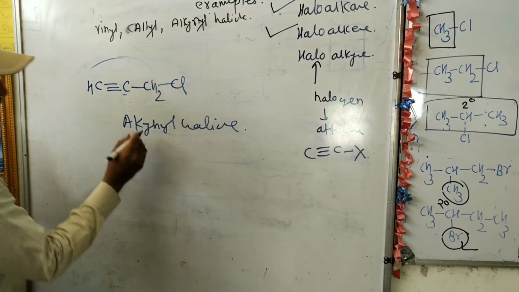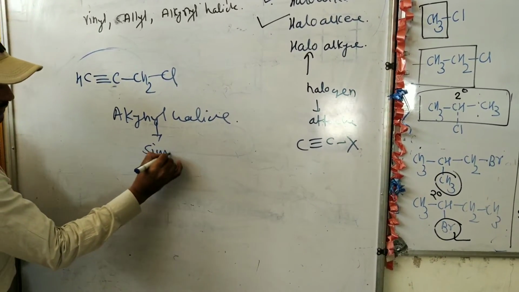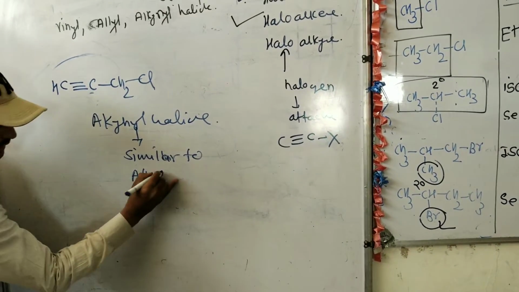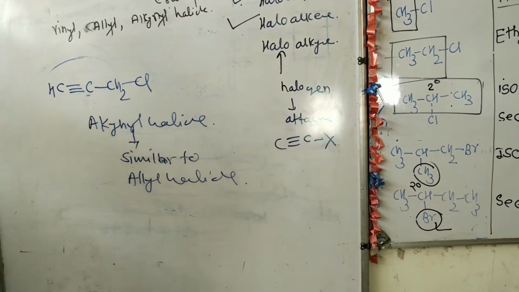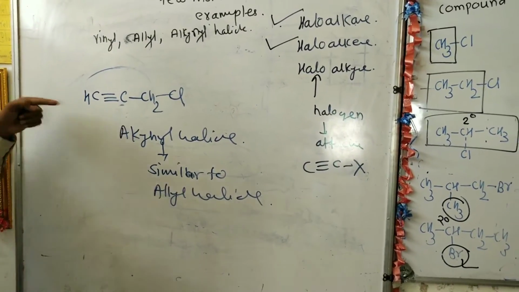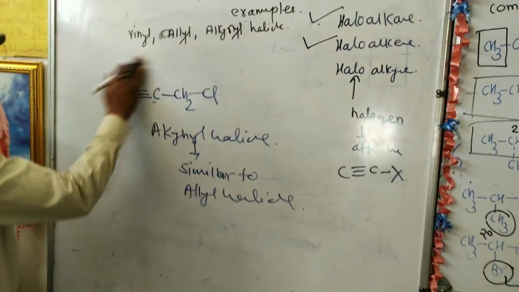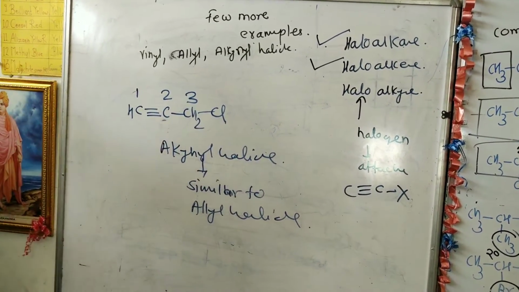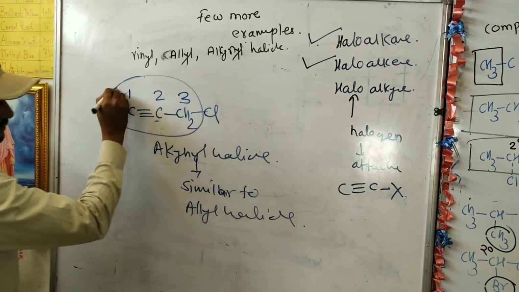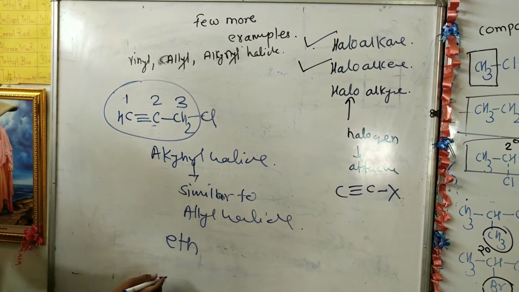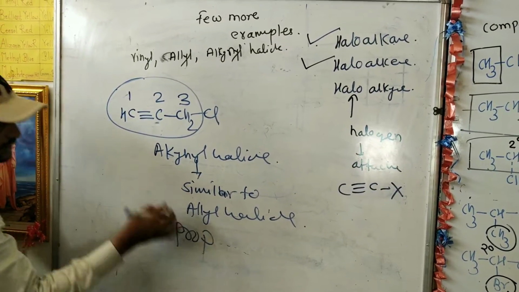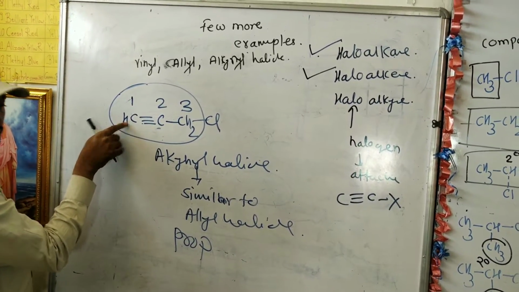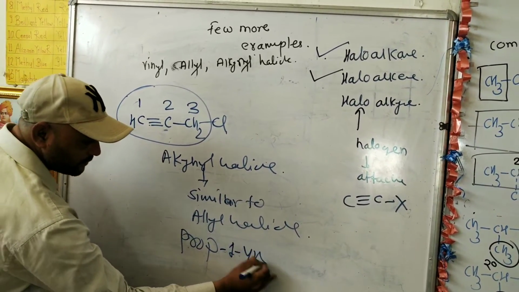Similar to what? Allyl halide. So what is the rule? Select the longest chain from where the triple bond is near. That's why I number from this side 1, 2, 3. So a 3 carbon chain is called prop. And the triple bond comes to the one position, 1-yne.